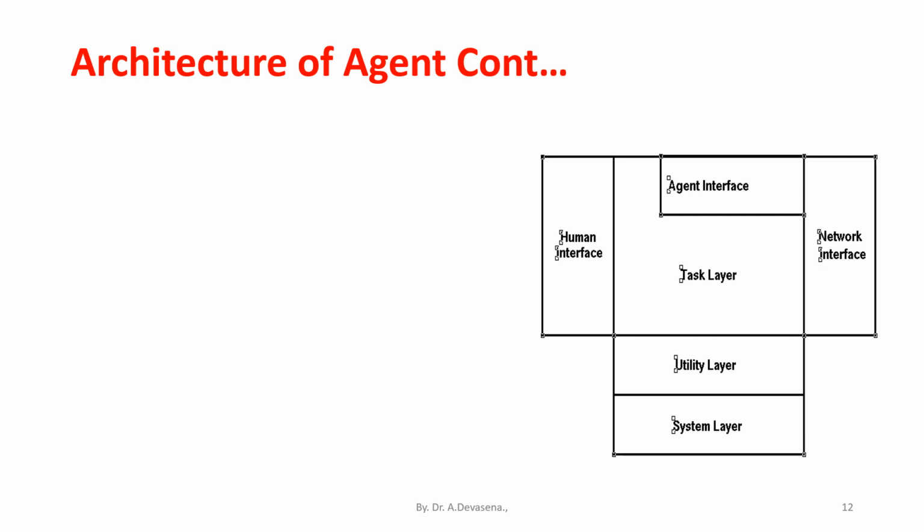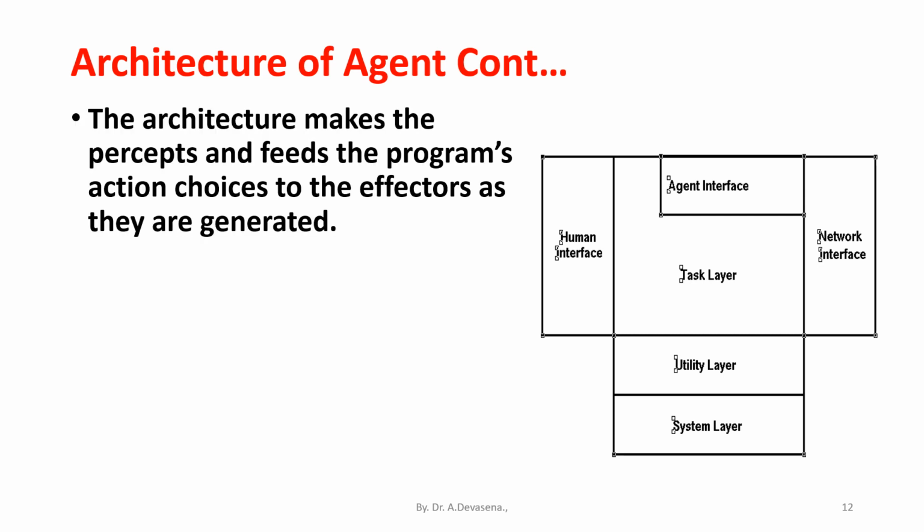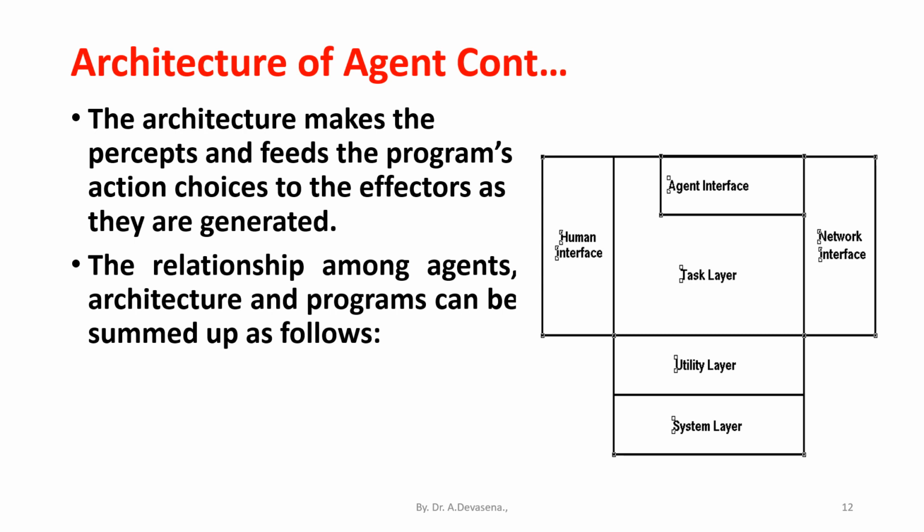The architecture makes the percepts from the sensors available to the program, runs the program and feeds the program's action choices to the effectors as they are generated. The relationship among agents, architectures and programs can be summed up as follows. Agent is equal to architecture plus program.